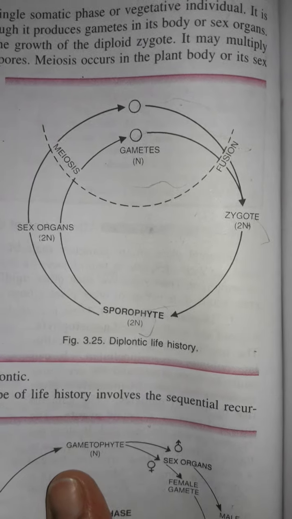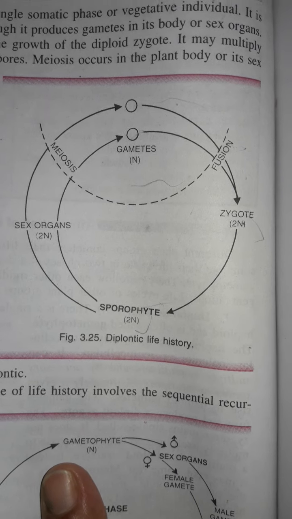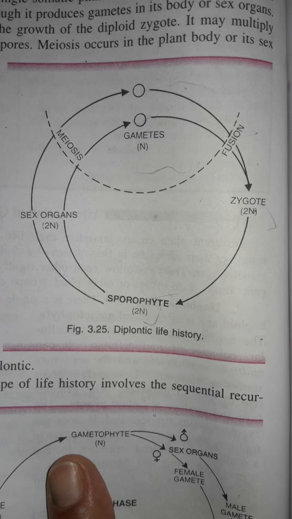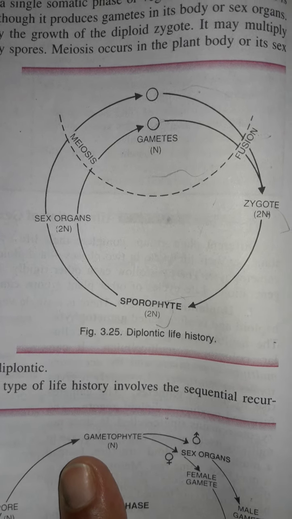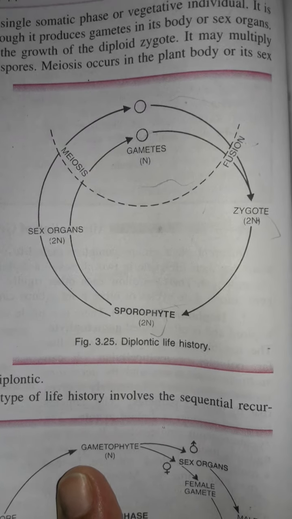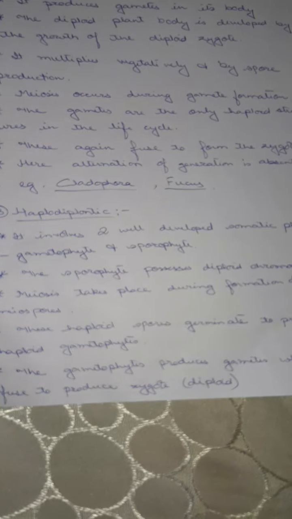So throughout the whole life cycle the plant body is diploid, and in haplontic the whole plant body is haploid. This is the main difference. So diagrammatically also you have to study them so that it becomes easier for you to explain and understand.